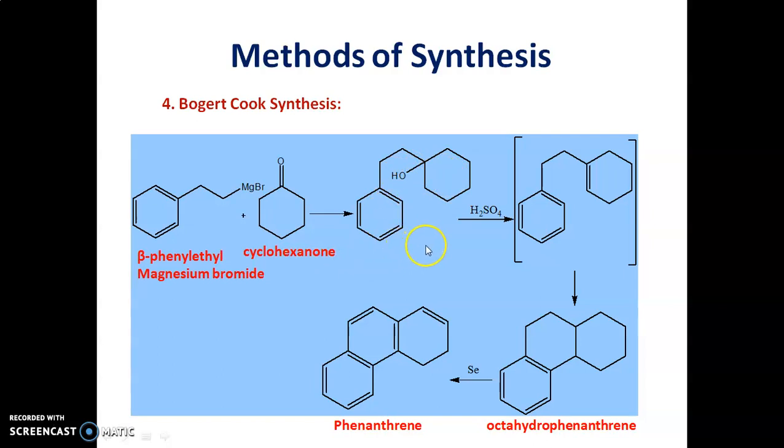This cyclohexanol derivative also yields some styrene compound as a byproduct. Treatment of this cyclohexanol derivative with concentrated H2SO4 leads to cyclization yielding octahydrophenanthrene ring. Subjecting this octahydrophenanthrene ring with selenium gives the final compound, that is phenanthrene.